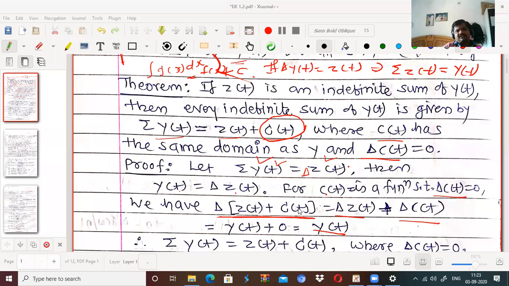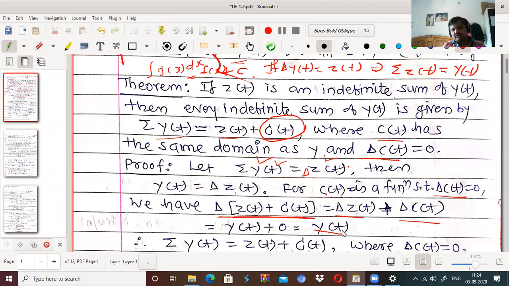So delta of zt plus ct equal to yt. Again we use the definition of summation. Delta of zt plus ct is equal to yt implies summation of yt equal to zt plus ct, where delta ct equal to 0. So what we proved: if summation of yt equal to zt, then summation of yt is also equal to zt plus c of t, where the first difference of c of t equal to 0.